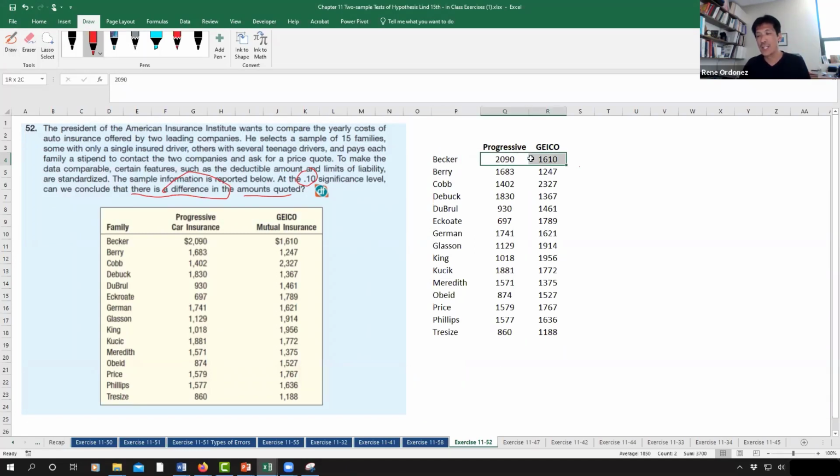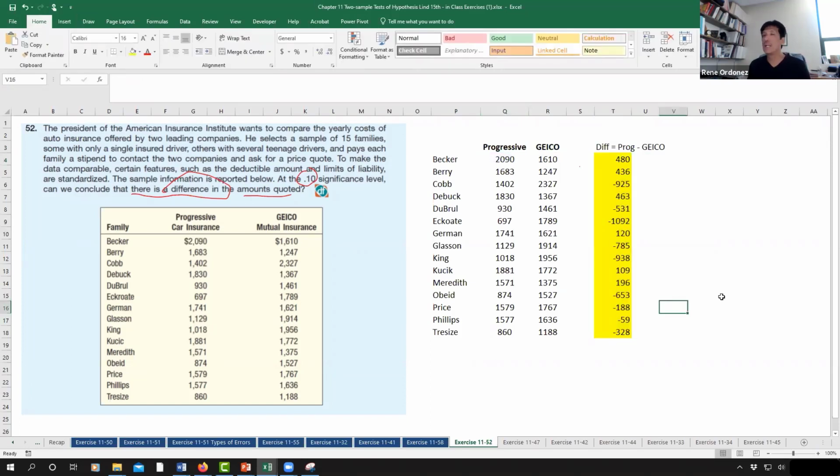So these numbers that you see here are matched or paired observations. Okay, so let me compute the difference here as, say, Progressive minus Geico. So that would be this number minus this number.